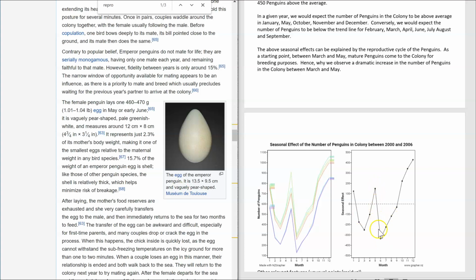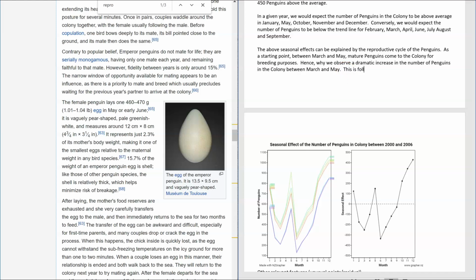So I would suggest this is what this big drop is. Basically, the mothers lay the egg in May, and then they're all back at sea. So all the females leave the colony, leaving just the males to supervise the eggs in that period. So that definitely explains this.